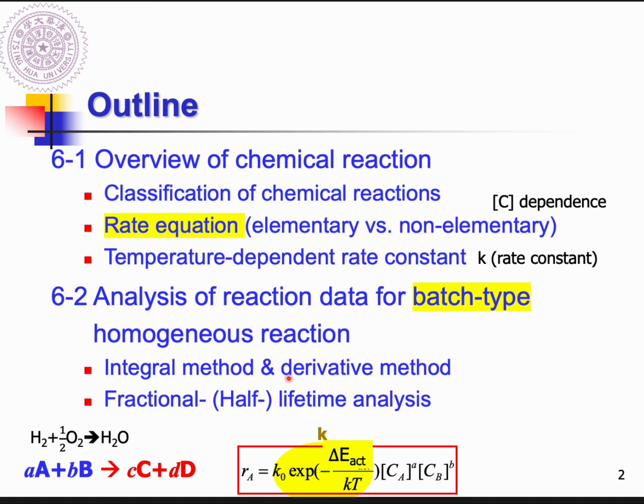Okay, so we are going to give you further information in the first part, and in the second part we are going to show you how to analyze the reaction data for batch type homogeneous reactions in your chemical equations of interest: how we can get the reaction order and the temperature dependency from experimental data. We will introduce several different analysis methods to show you how to reconstruct this rate equation for your unknown or interesting chemical equation.